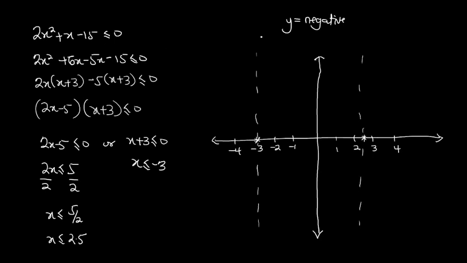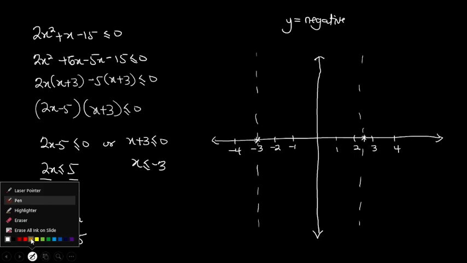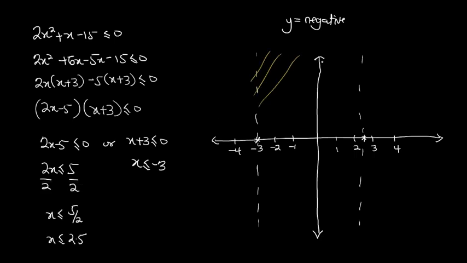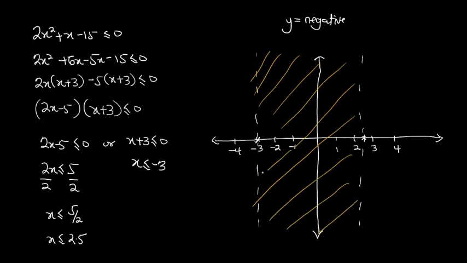Now, because I established over here that y is negative, because if you look at this equation, we are saying that it is less or equal to 0, so it means y should be negative. That implies that we have to shade inside of these two lines. So this is where our solution lies, in between over here. So it means my x is in between -3 and 2.5. So my solution over here will be -3 less or equal to x less or equal to 5 on 2.